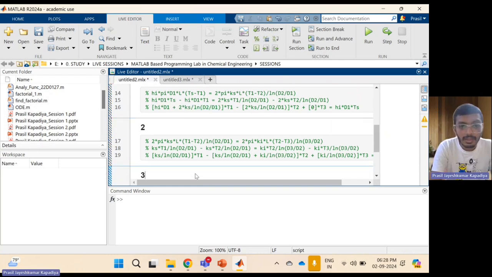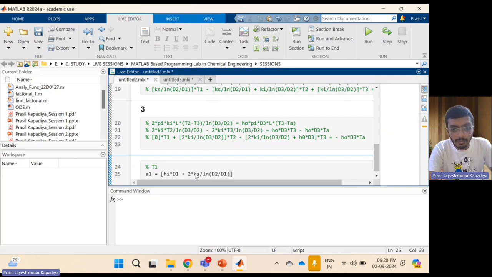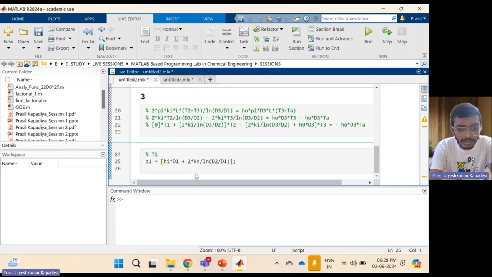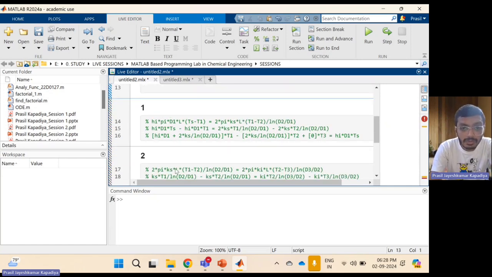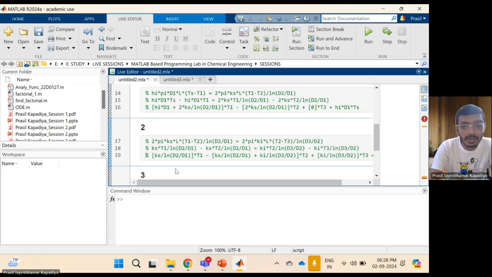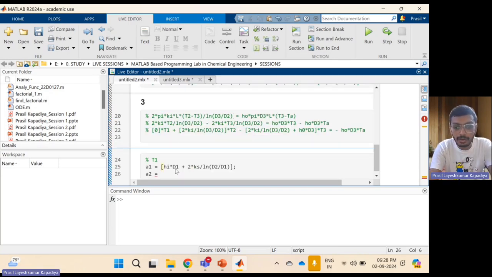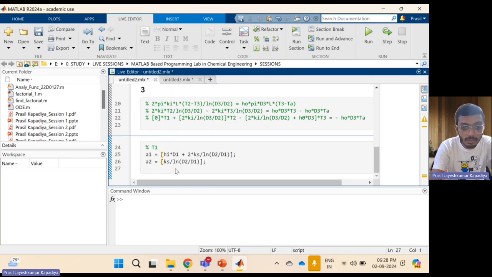In first equation, this is the coefficient of T1. In second equation, the coefficient of T1 is this one. Correct? And in last equation, there is no T1 term. So A3 is equal to null matrix. So I'm just writing it as 0.